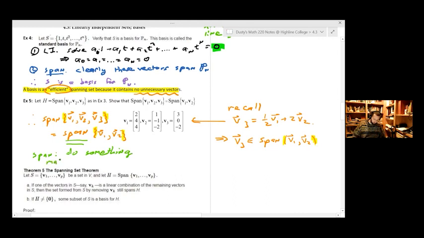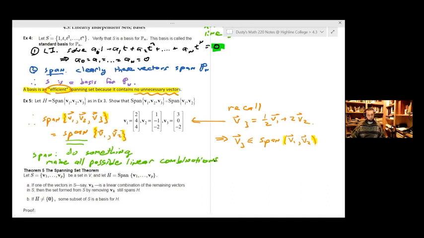So make all possible linear combinations. Okay. And so we would talk about something is in the span, or things span, or something along those lines.